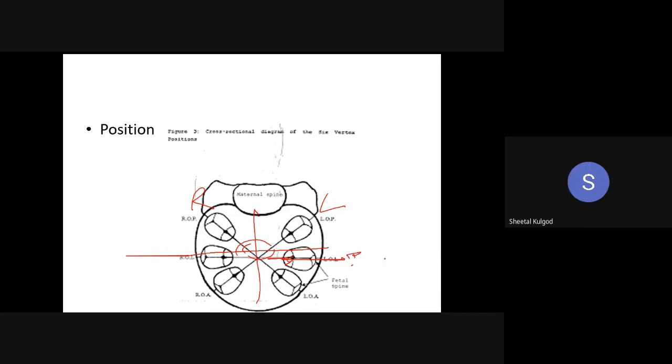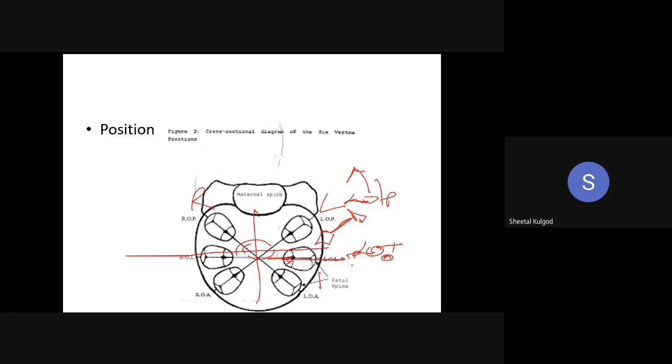And if the occiput is on the left side, or the back of the baby on the left side, then it is called the left occipito transverse. Similarly, with the anterior fontanelle here and posterior fontanelle here, it will be left occipito posterior, that is towards the posterior side of the maternal pelvis.